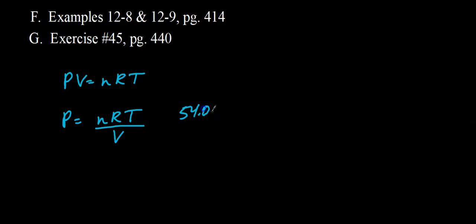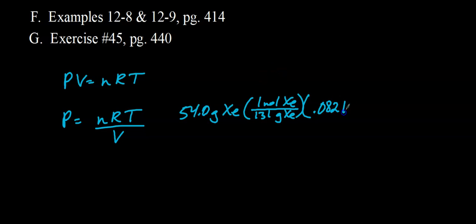You can take the 54 grams of xenon and convert that to moles of xenon, molar mass being 131, it looks like. And then multiply that by R. So the question asks for the pressure in atmospheres. So we want to use the value of R that has atmospheres in it.